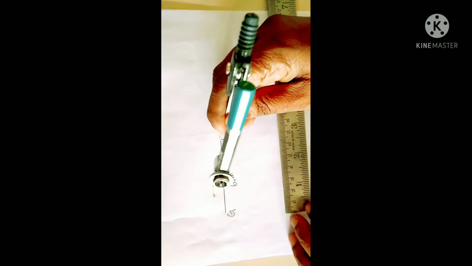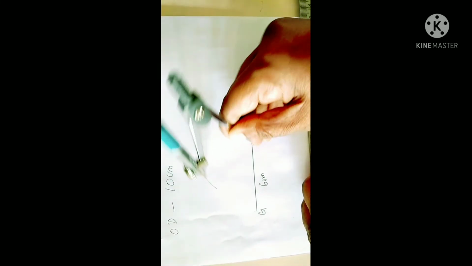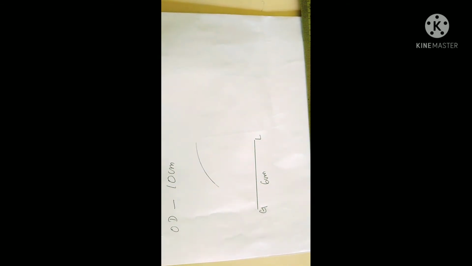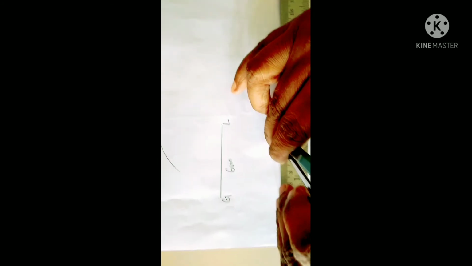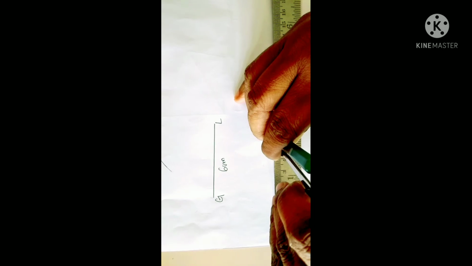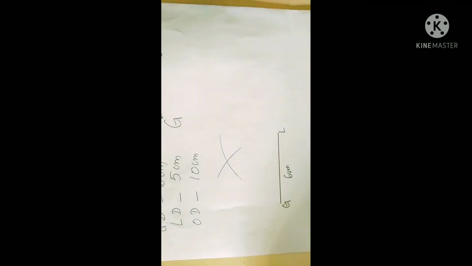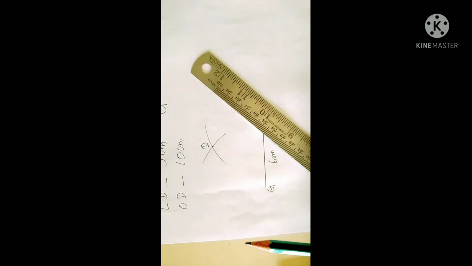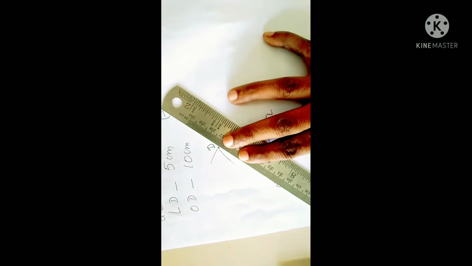From L. So, from L, draw a 5 centimeter arc, and from G it is 6 centimeter. So, take 6 centimeter, and from G draw an arc. So, wherever they meet, that point is D. So, join that to G and L.